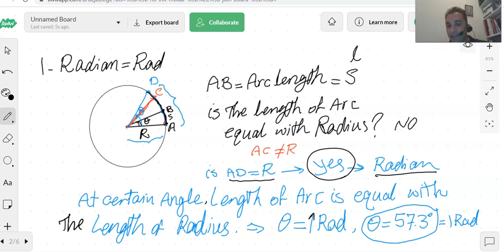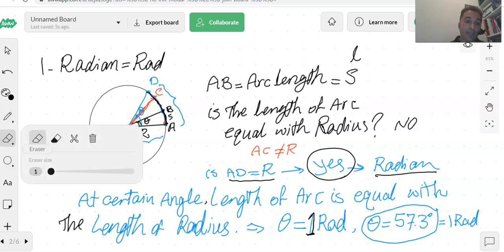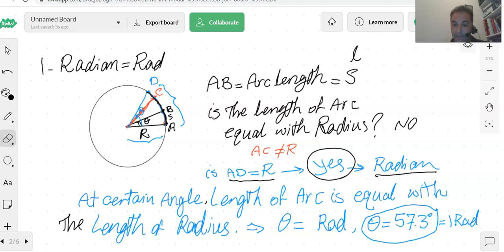That angle is called 1 radian. It's almost 57.3 degrees. So when your angle becomes 57.3 degrees, now we go by degrees, that is called 1 radian. The length of the arc is equal to the length of the radius.